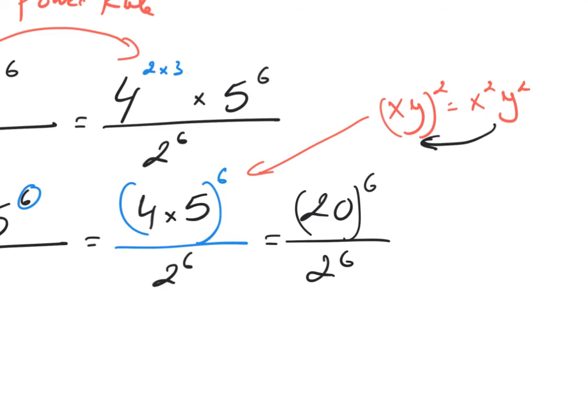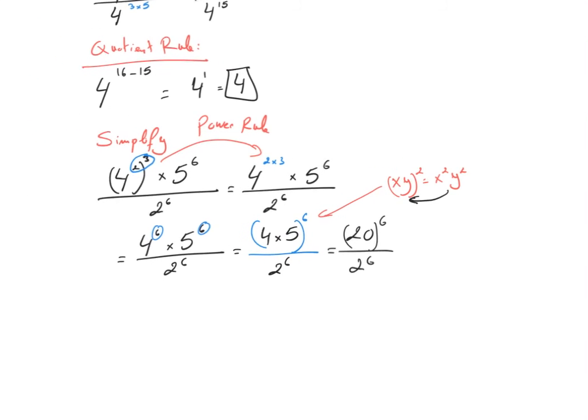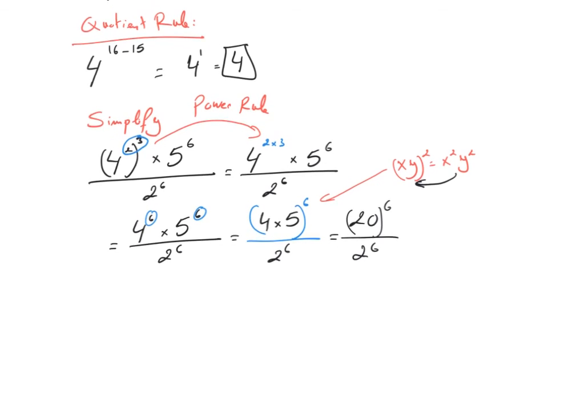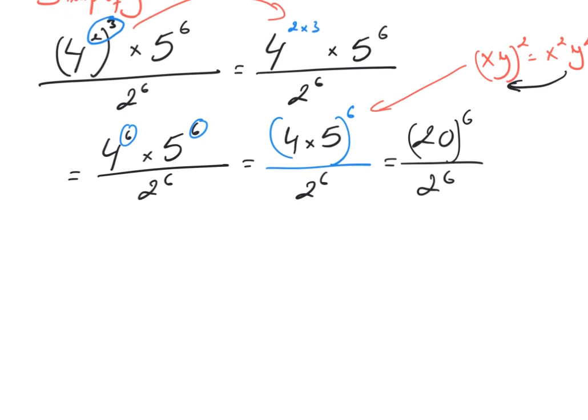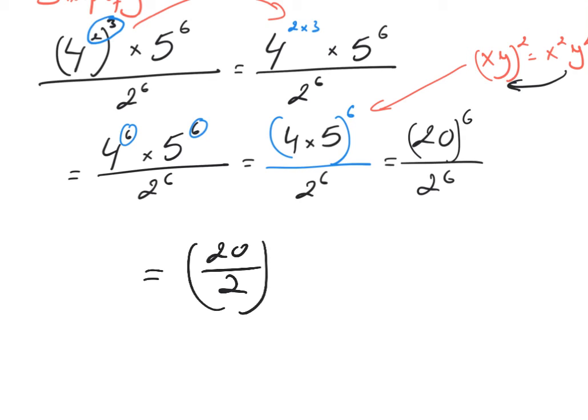Now the next step, we can use the power of a quotient rule. We have 20 to the 6th power over 2 to the 6th power. This is called the power of a quotient rule: when raising a fraction to a power, we raise both the numerator and the denominator to that power.